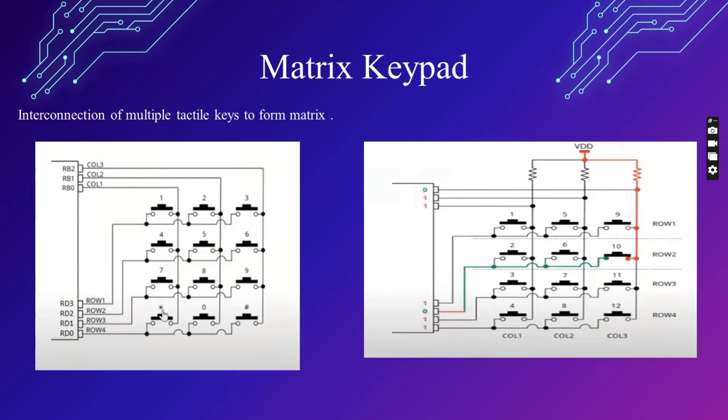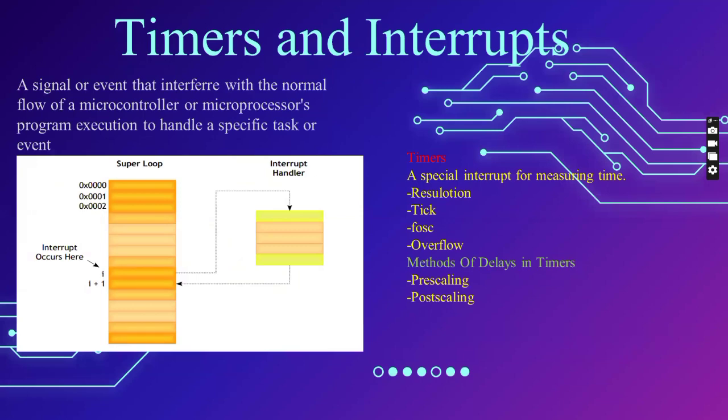We also have this peripheral, which is called timers and interrupts. An interrupt is a signal or event that interferes with the normal flow of a microcontroller or microprocessor's program execution to handle a specific task or event. Normally, for an interrupt, the instructions of the main loop continue till when the interrupt is called and activated.